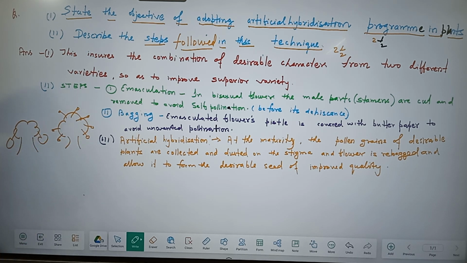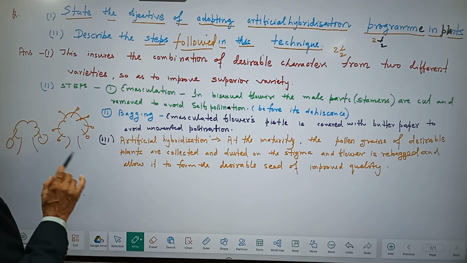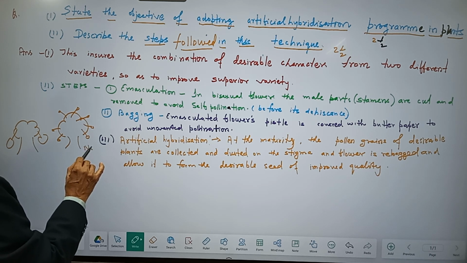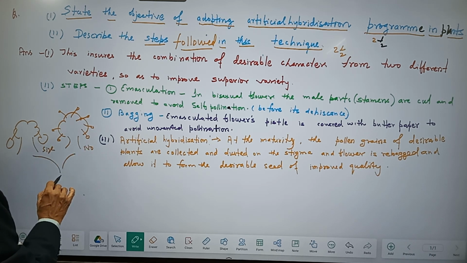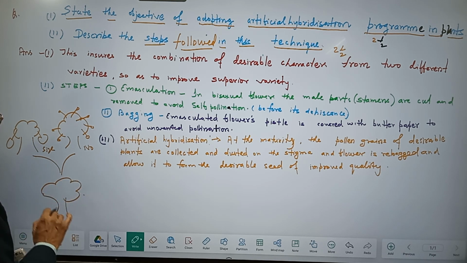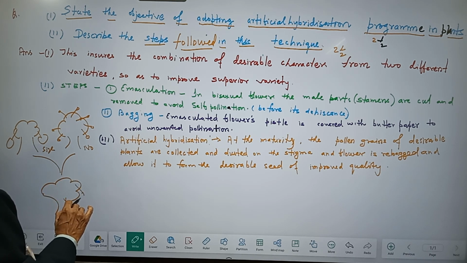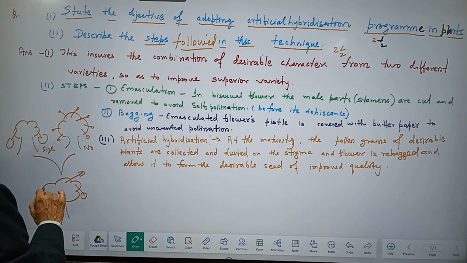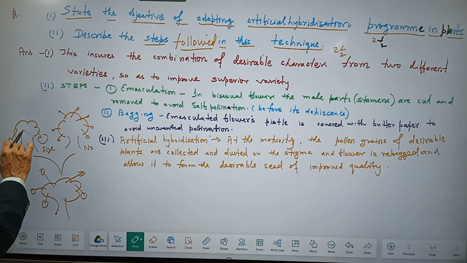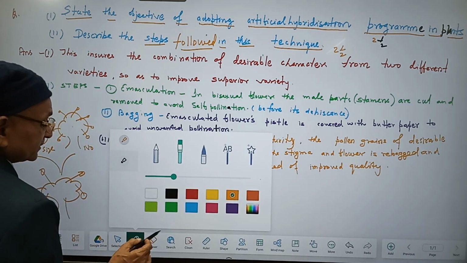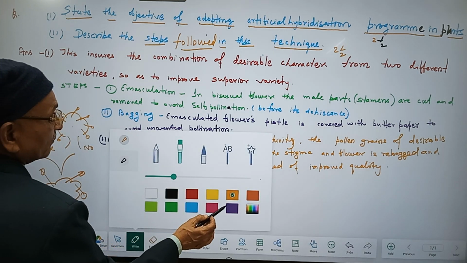So we have two different characteristics, one is the number, another is the size. We want to get both in one tree, with larger size as well as more in number. Both characters are present in two different plants, and we want them in one.